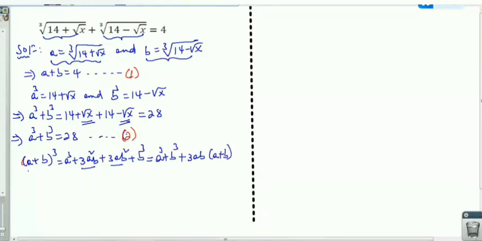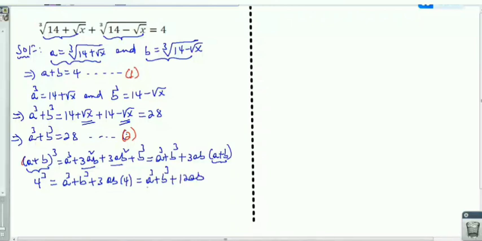We know that a plus b is 4 from the first equation, so 4 cube is equal to a cube plus b cube plus 3 times ab times 4, which is a cube plus b cube plus 12ab.